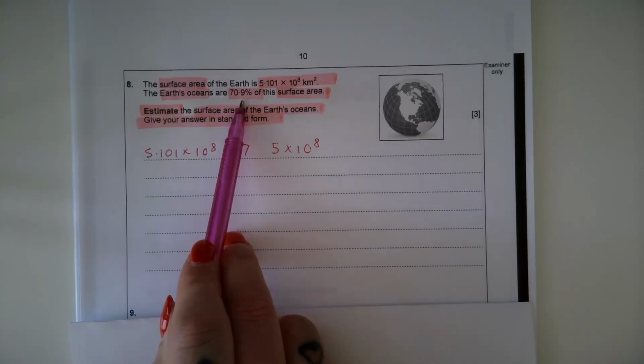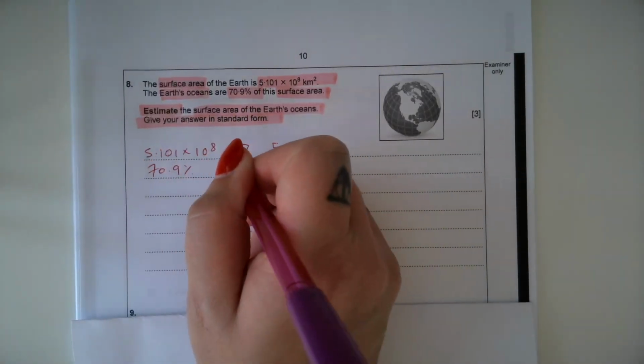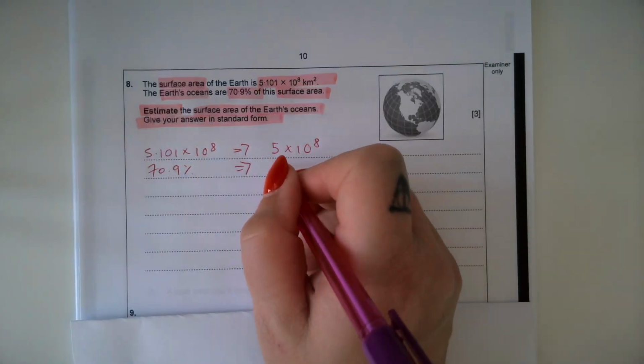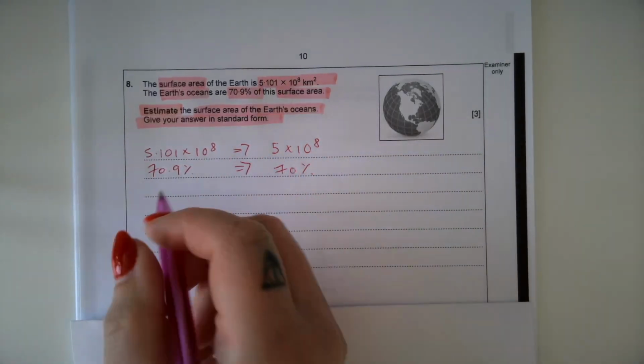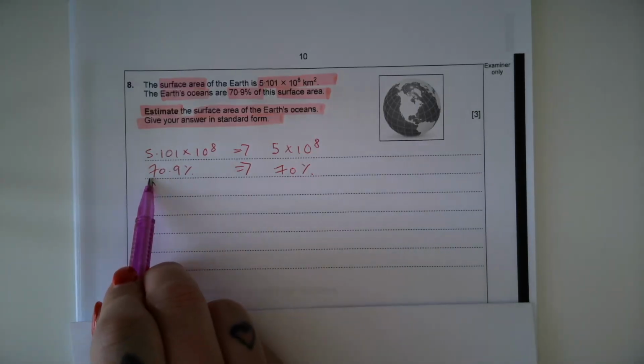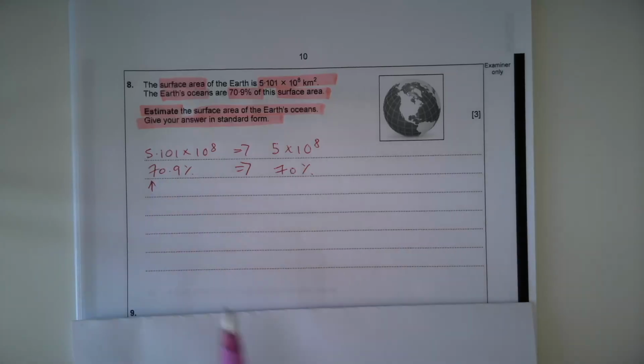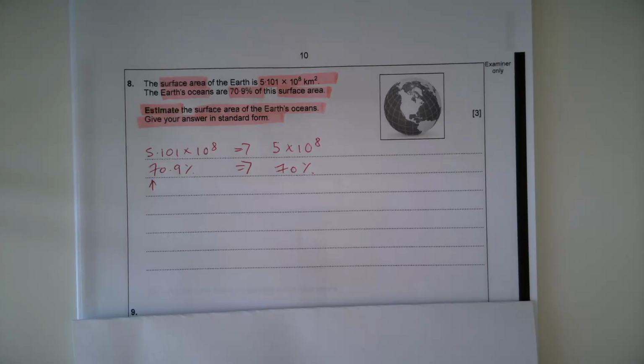I'm also going to round 70.9%. Okay, so 70.9%, I'm going to round that to 70%. One significant figure. So 70 is the first significant figure. That 0 doesn't change it. So don't be tempted to round it to 71, because then you're dealing with another number that's potentially a little bit trickier to work with.